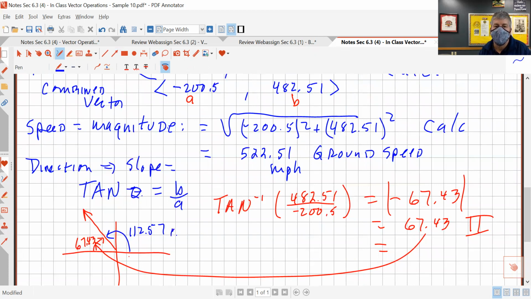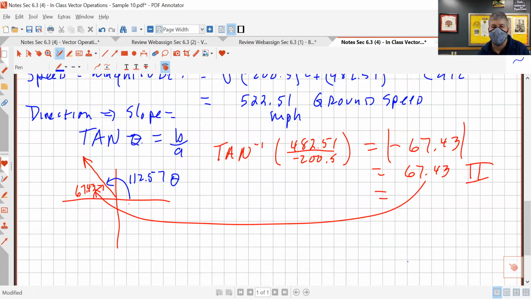So that's my theta. Now that's not my compass angle though, is it? My compass angle is, Wheezy can do that. Is that subtract 450? Yeah. So, which would make sense there. So my compass angle is 450 minus 112.57.